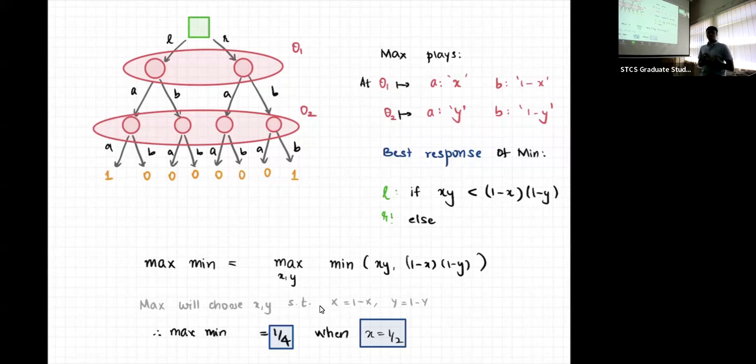Okay, there is something else here because, I agree that the player does not see the node inside the information set, but he does see that he played X. So can he say that if I played X and it turned out to be A, then I'll do something, and if I played X and it turned out to be B, I'll do something else for Y? See, what happened is, we'll come to this somehow.